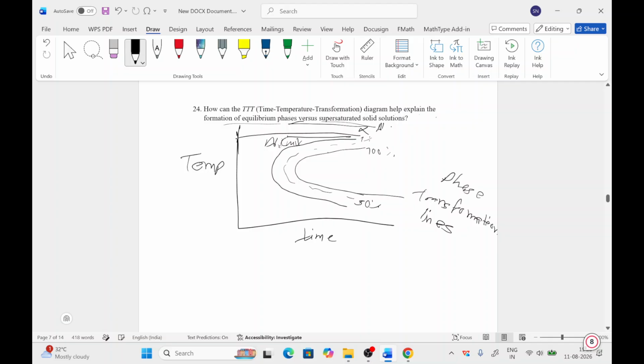If the cooling rate is slow, the temperature decreases slowly with time. So if this is the cooling rate, the Al2Cu forms, and the precipitate will be coarse in size. And if the cooling rate is very fast, at this point.